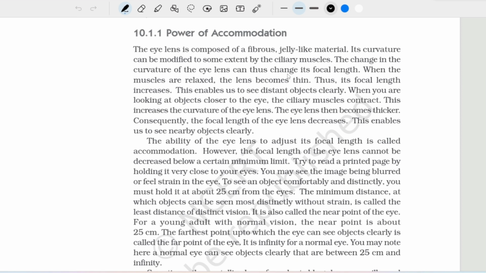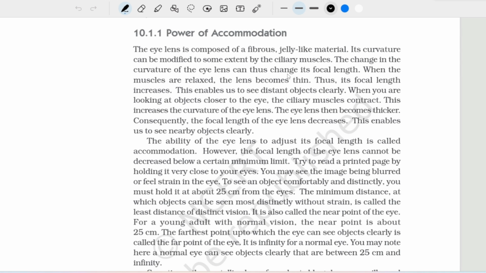Like in the previous chapter, when we were studying lenses, we used to keep our object at a place so that we can get a particular image on the screen, right? But here, my screen is fixed. My screen is not changing, and my object will also not be changing position if I'm seeing a particular thing and want to see it there only.